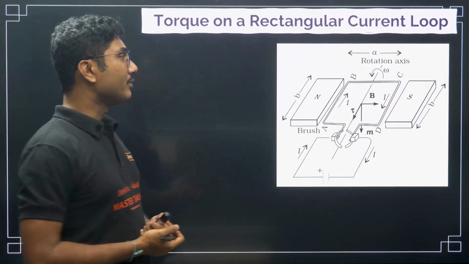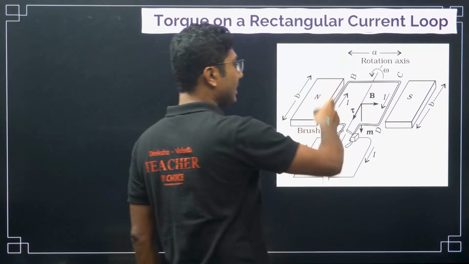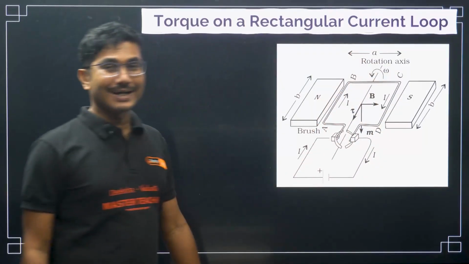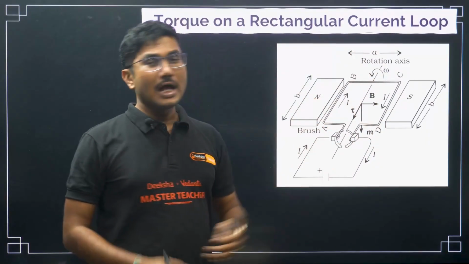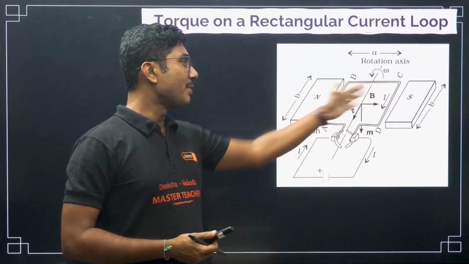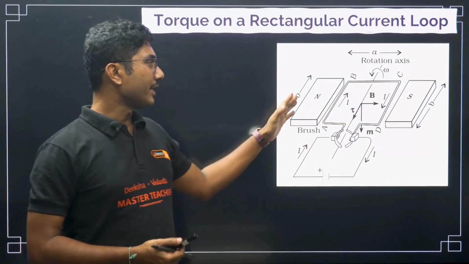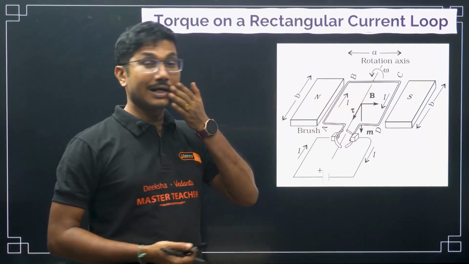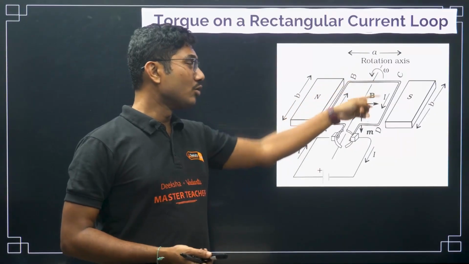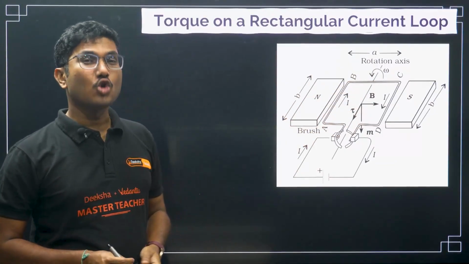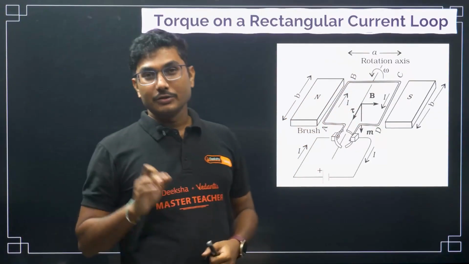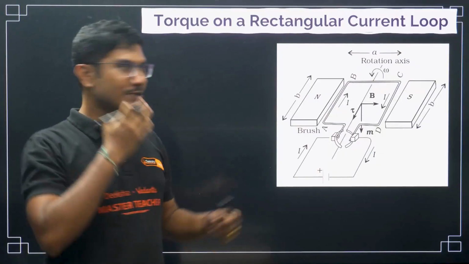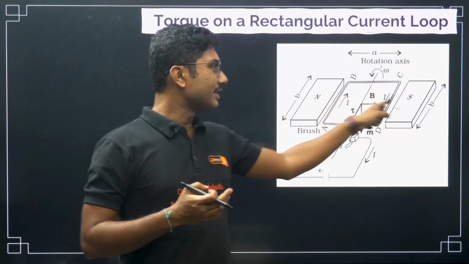Torque on a rectangular current loop. If you consider a rectangular current loop carrying current placed in a magnetic field, the magnetic field here is produced by static magnets, north pole and south pole. If you allow current to pass through a loop, it will also experience a torque. Remember the dipole kept in an external electric field; this is a loop kept in an external magnetic field.